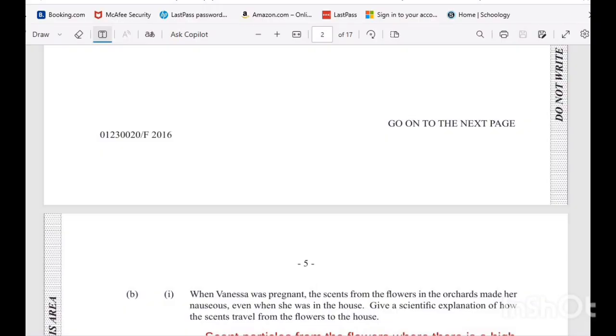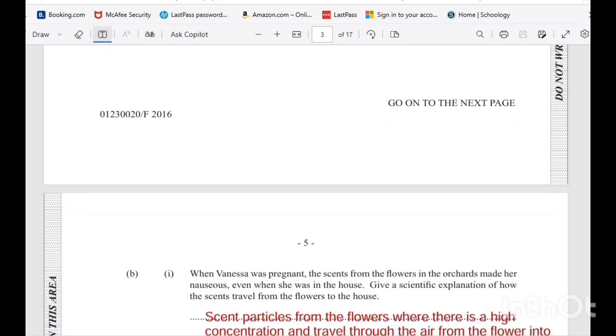Part B, when Vanessa was pregnant, the scents from the flowers in the orchards made her nauseous even when she was in the house. Give a scientific explanation of how the scent travels from the flowers to the house. So think about what process you know in science that would help us to explain why the scent would travel all the way from the flowers into the house.